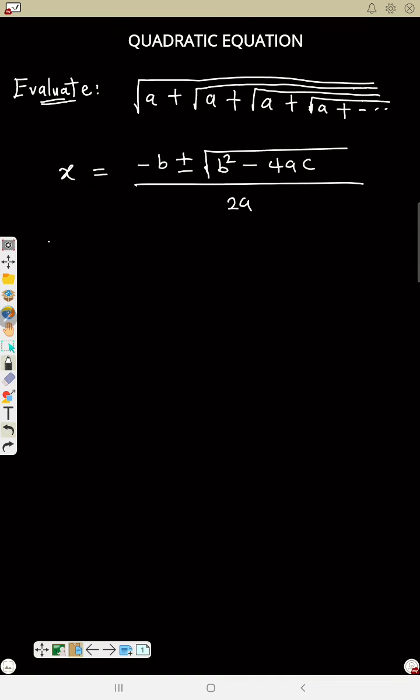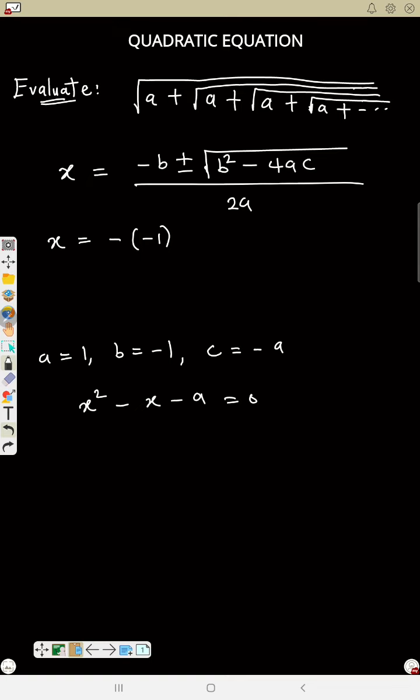So x is equal to minus, remember a is 1, b is minus 1, c is minus a, from the equation x squared minus x minus a equals 0.